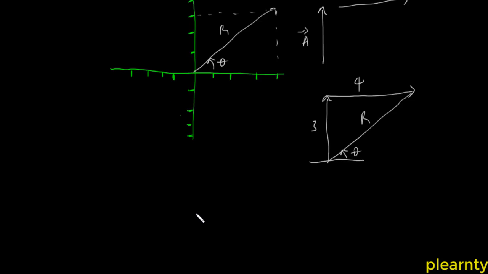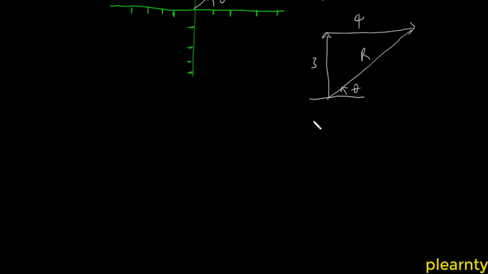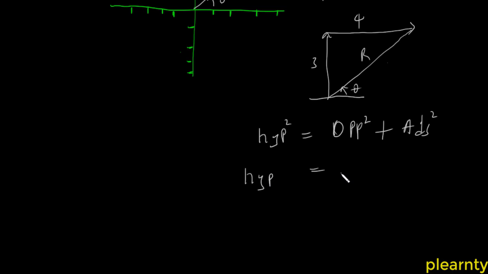Following the Pythagoras theorem, we have hypotenuse squared, this is our hypotenuse, is equal to opposite squared plus adjacent squared. So the hypotenuse itself is the square root of opposite squared plus adjacent squared.